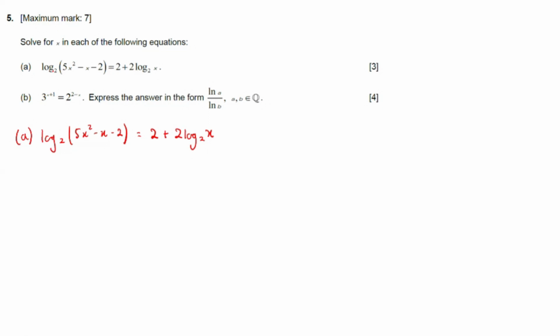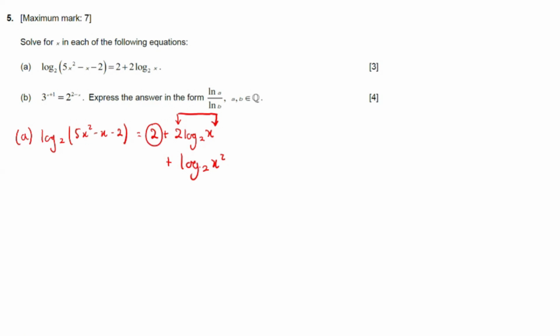So what can we do on the right side? The first property of logarithms is that if you have a coefficient in front of the log, you can bring it to the back, as the power. It belongs to the x. So I will change this into log 2 of x squared.